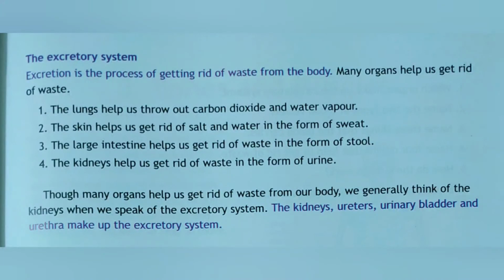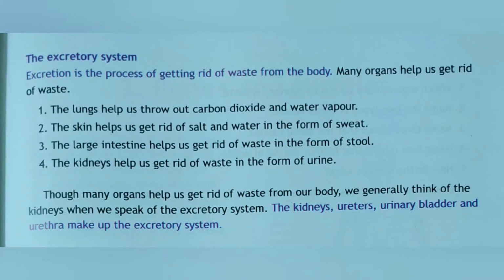So when we sweat, waste products like salt and water are given out, and the large intestine helps us get rid of waste in the form of stool. In the large intestine, a large amount of waste is given out when we pass stool. And the kidneys help us to get rid of waste in the form of urine.